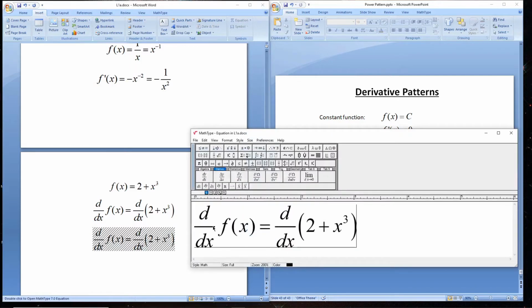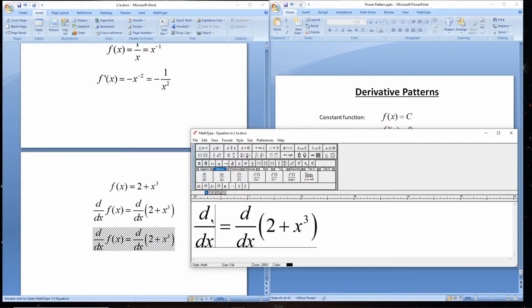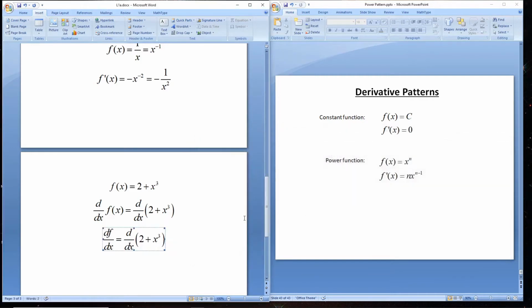And on the left, here's where we would just write this function, which is just going to slide up right next to the d. And so this is our df over dx. Remember, that's our notation that means this is the derivative.